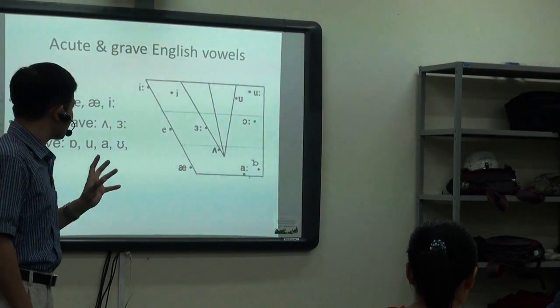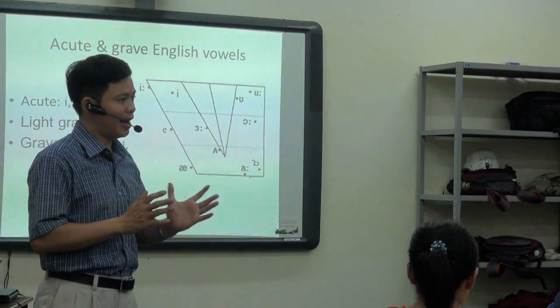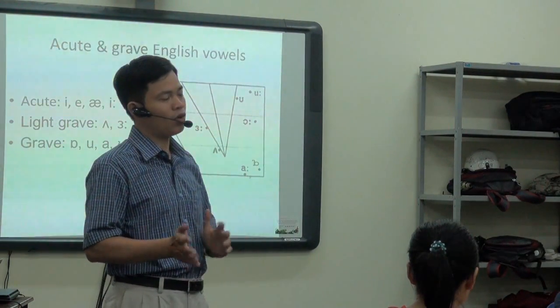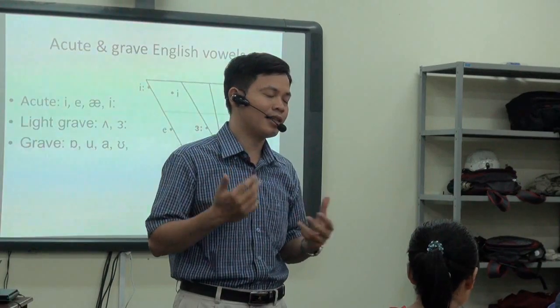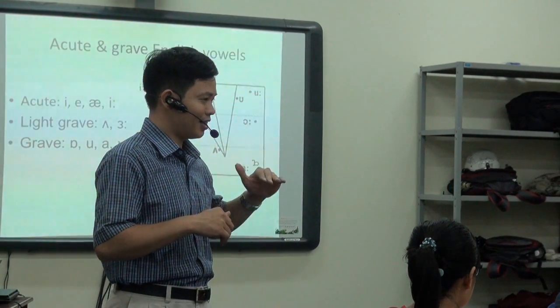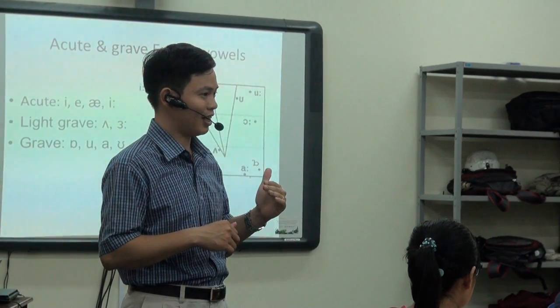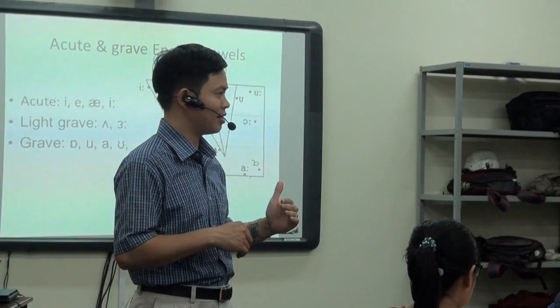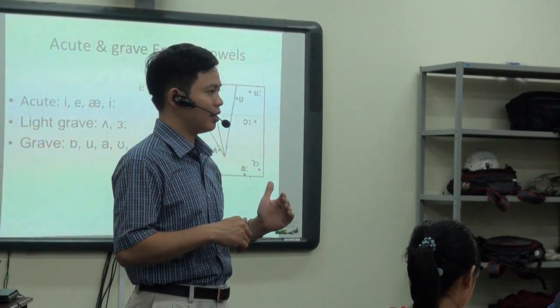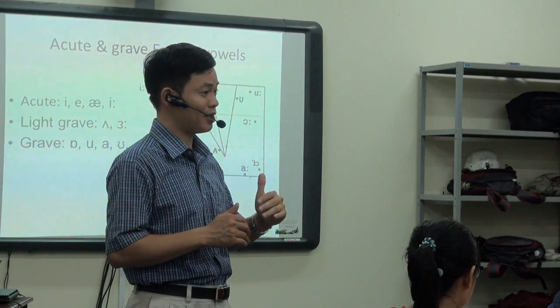Now, vowels in English can also be categorized into acute and grave, although this kind of categorization is not important. Why? Because English is a stress-based language, and because it's stress-based, it's not really important for the syllables to be acute or to be grave.